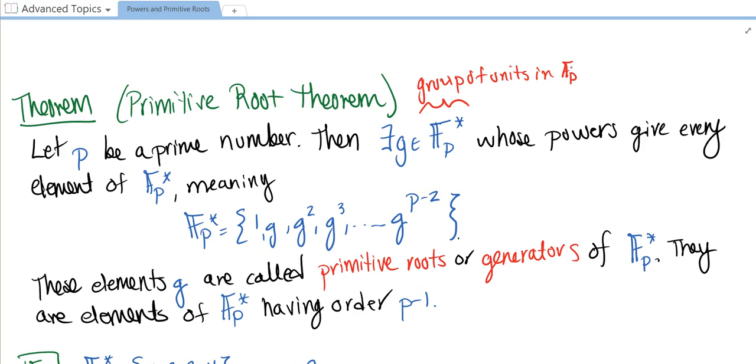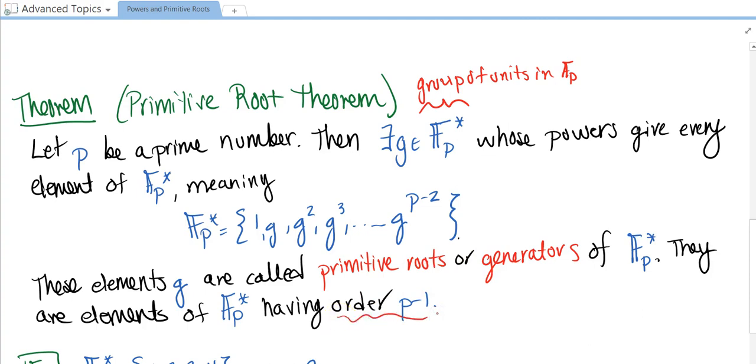If we find this element g and take powers of it, it generates the entire group of units, and we talk about these as primitive roots or generators. You may recognize this language from a previous group work. All elements that satisfy this condition, the primitive roots or generators, have order p minus 1.